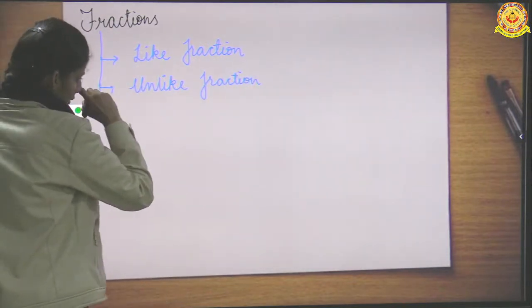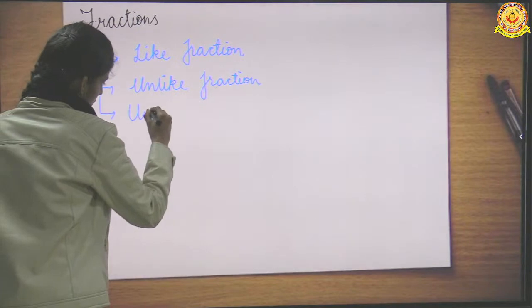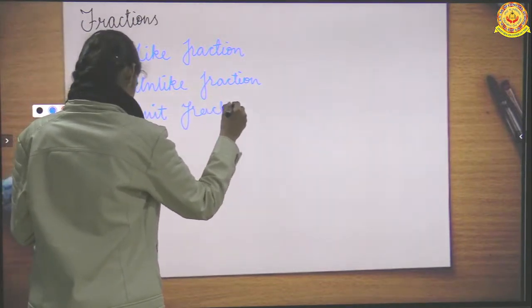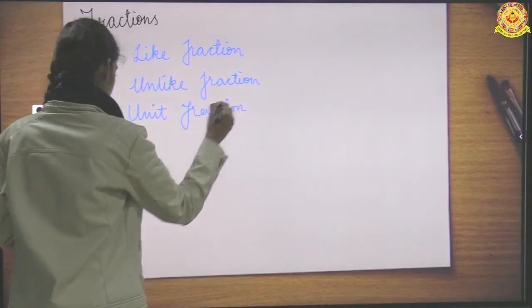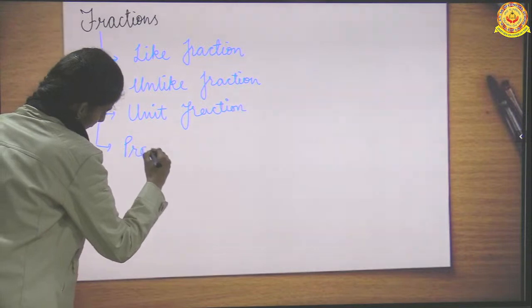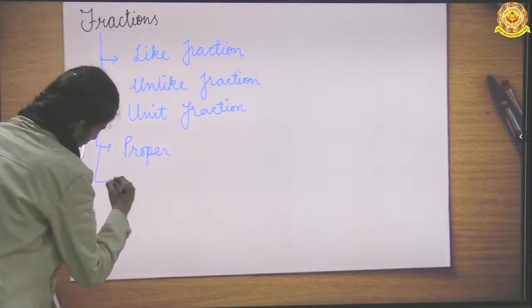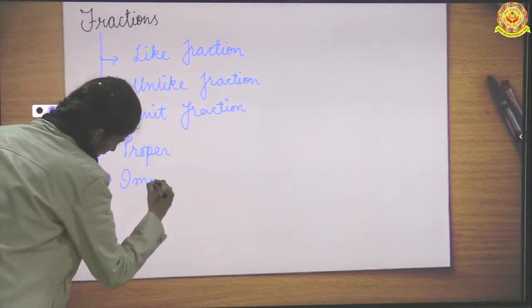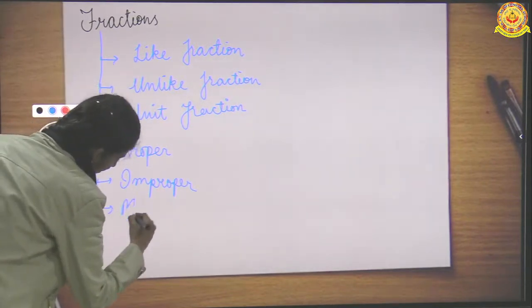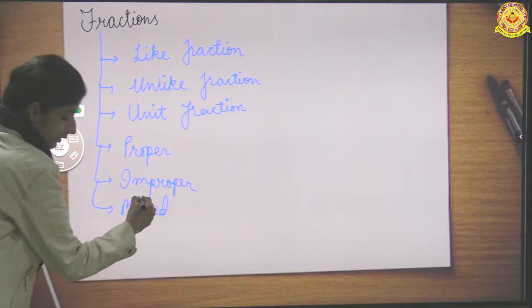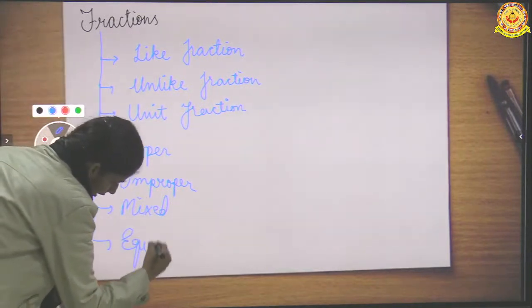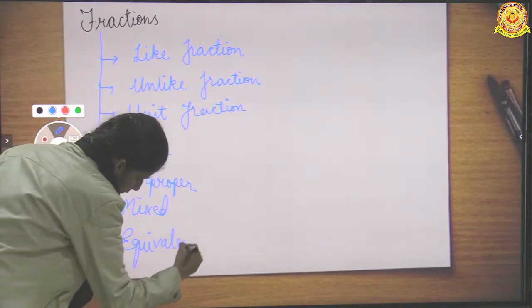Third one was unit fraction. Proper, improper, mixed, and equivalent. These 7 we have discussed, and we have also discussed the simplest form.